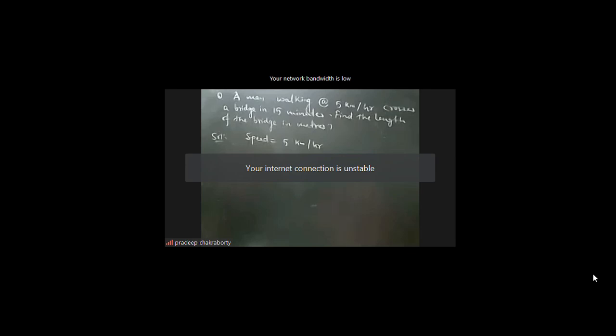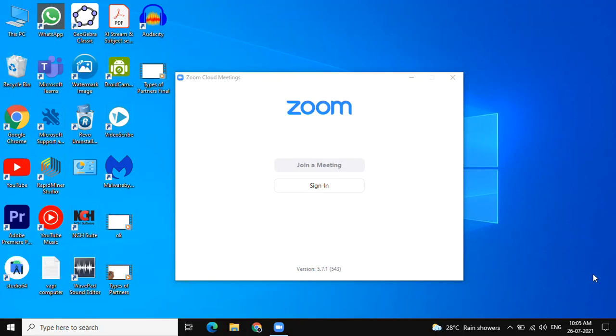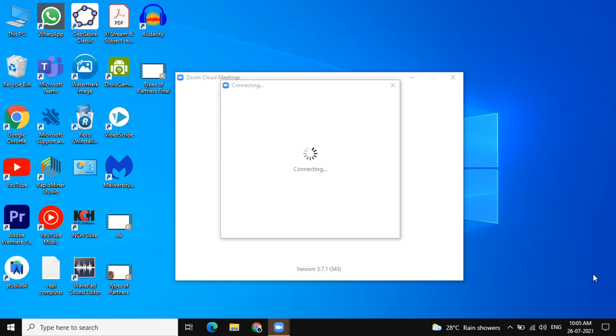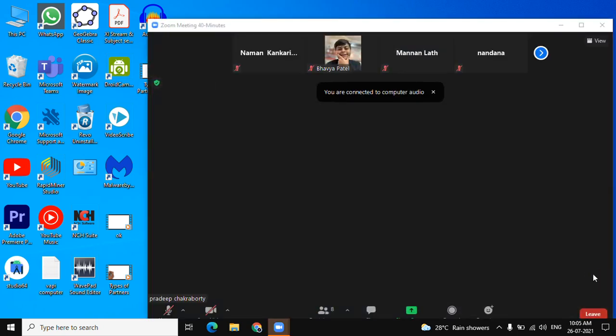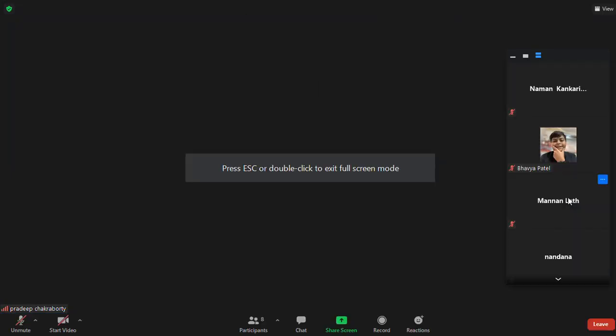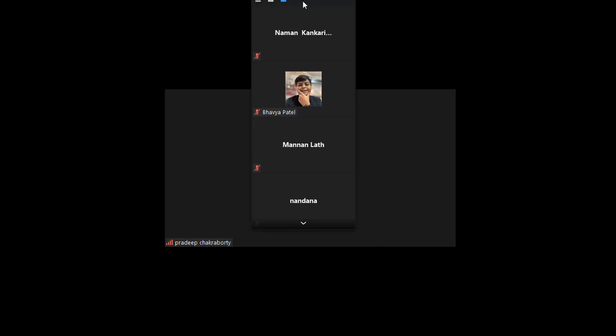Meter per second into kilometer per hour is the reverse, but I already told you that to remember this is difficult. It is confusing. So you remember here kilometer per hour means higher to lower you are converting.